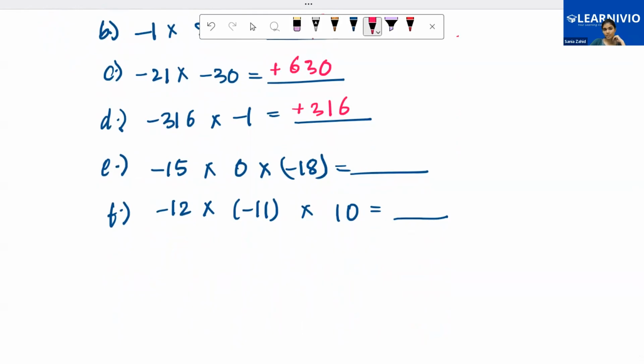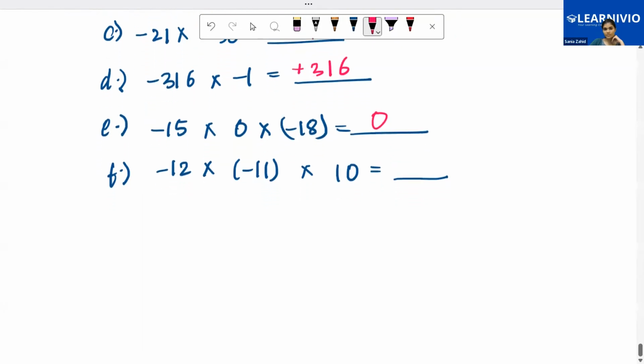No. What is minus 15 multiplied with 0? When you multiply a number with 0, what do you get? 0. So no matter what the numbers are written, you're multiplying it with 0. Your answer will be 0 only.